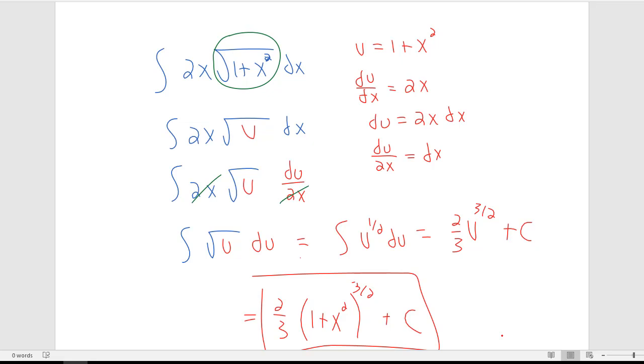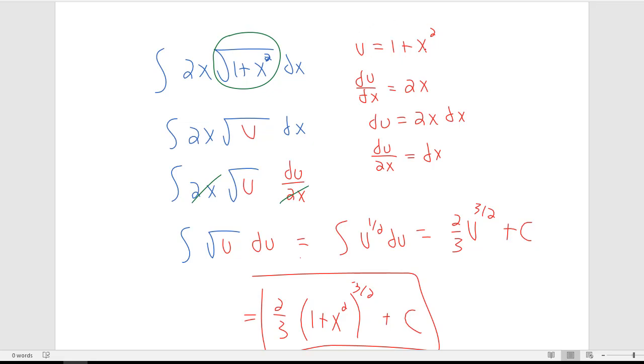Now the only way this technique can work is, number one, I really need to have a composition, which we had here in green. And then if I let u be the inside of the composition, which is what I'm supposed to do, its derivative is 2x, and it needs to appear elsewhere in the integral. So we set that up.